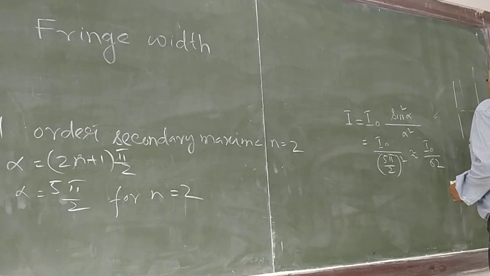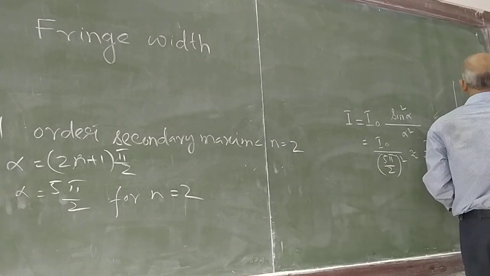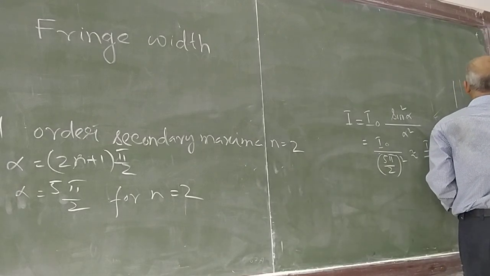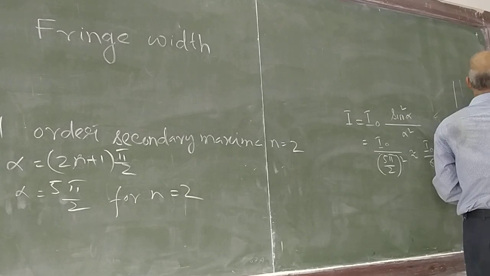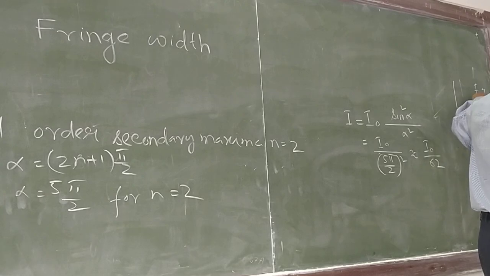This is the 0 point. First order maximum, first, second, third, fourth. This is x1, x2, x3, x4. x1 is the distance from O to this one, x1, x2, x3, x4 like this.